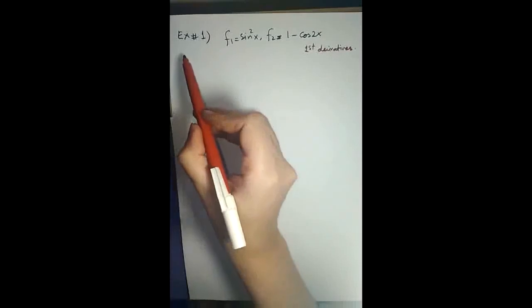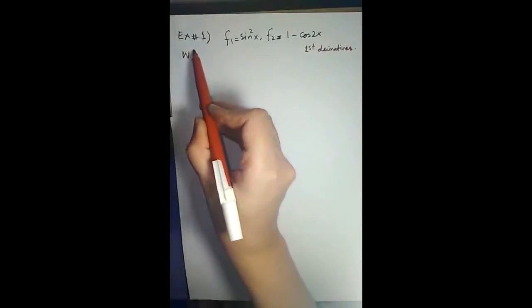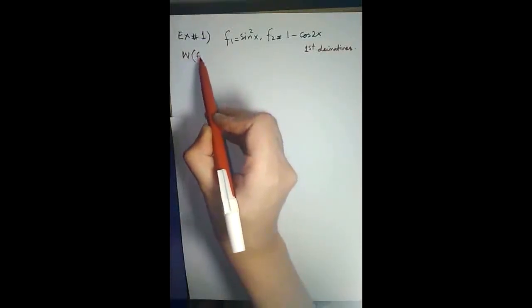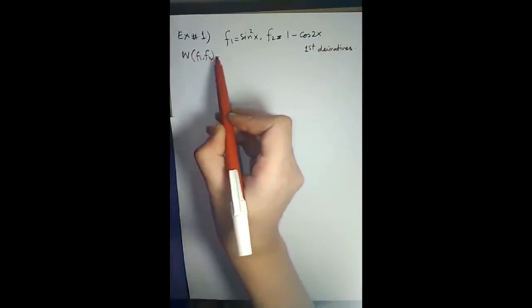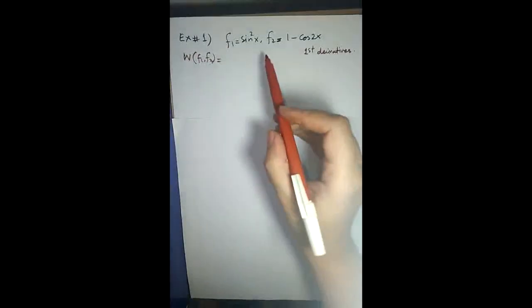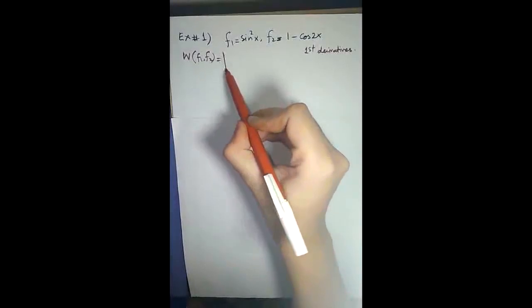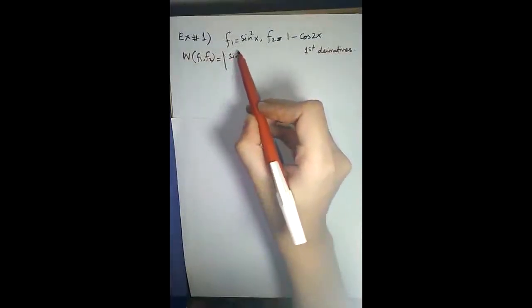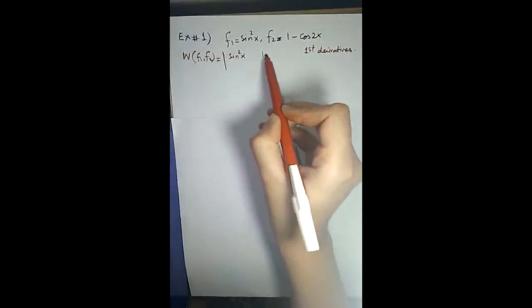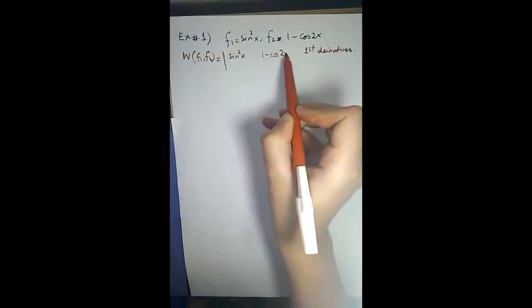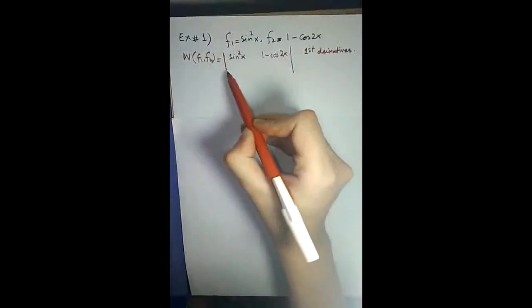Wronskian W of f1, f2 equals sine square x, 1 minus cos 2x, and its first derivative.